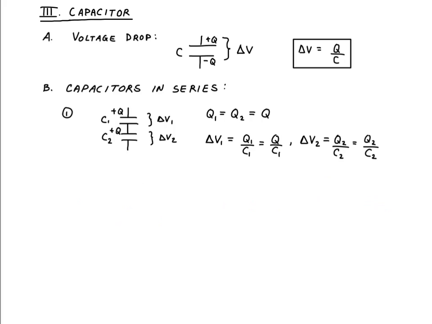So from this, using the voltage drop equation, you can get the voltage drop across each capacitor. So for capacitors in series, we also have a very simple statement: capacitors in series have the same charge but different voltage drops.